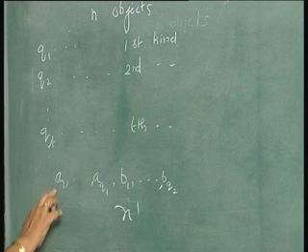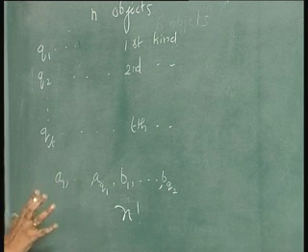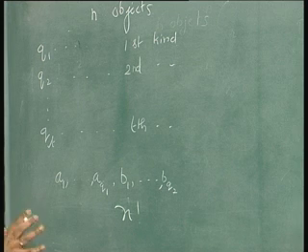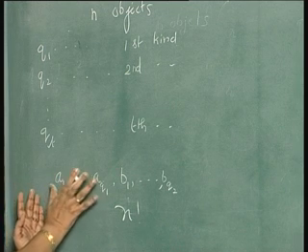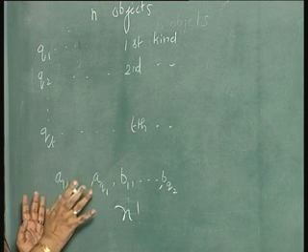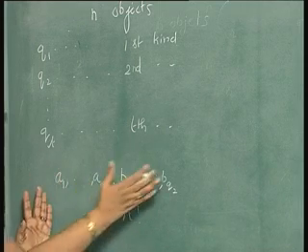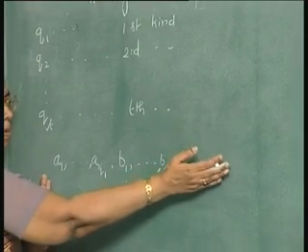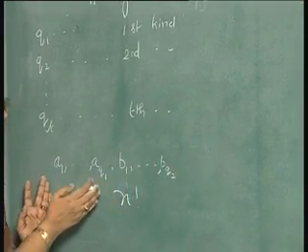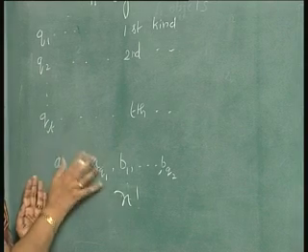But since a1, a2, up to a_q1, they are all not distinct here, they are all same, they are objects of the same type, like red balls, blue balls, what I considered earlier. So, if you consider them as same object, then if you take one permutation here, within that arrangement you can arrange the first objects in any manner you want.